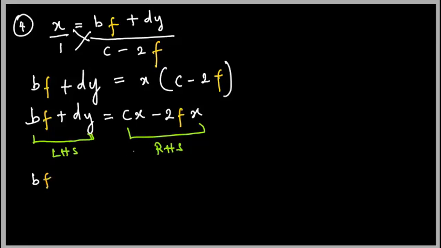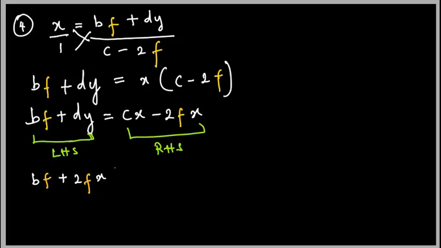Yes, there is a term containing f on the right, as I've said, and that is minus 2fx. If minus 2fx crosses and comes to the left, it becomes plus 2fx. Yes, so these are just the two terms having f.